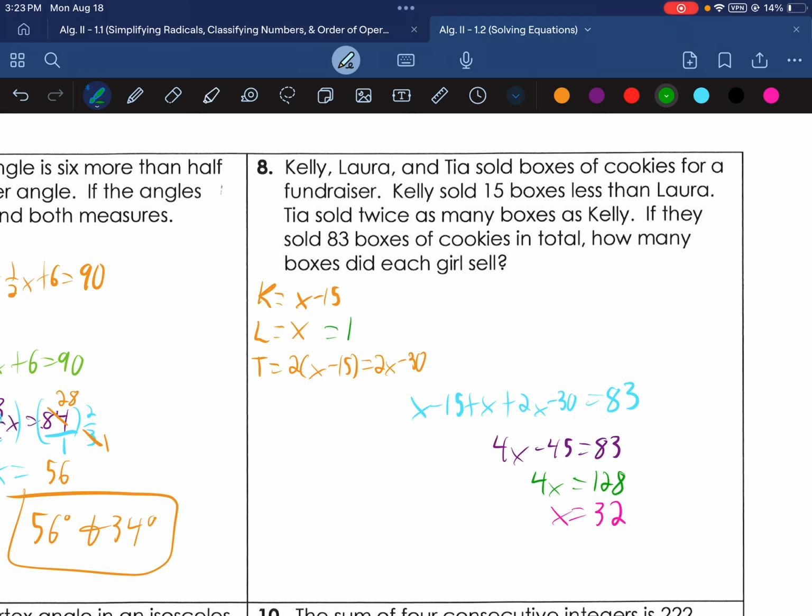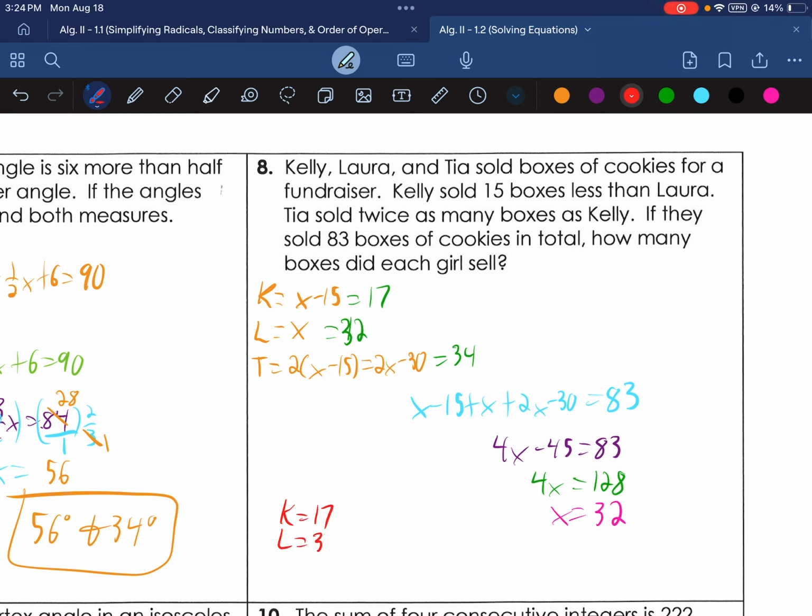Kelly sold 15 less than Laura did, which means that Laura sold 32, so Kelly sold 17. Tia sold twice as many as Kelly did, so we could plug this in here, 32 in there, or we can just double 17, saying that it is 34. And if we were to add up these three numbers, we would in fact get the 83 that they sold in total.